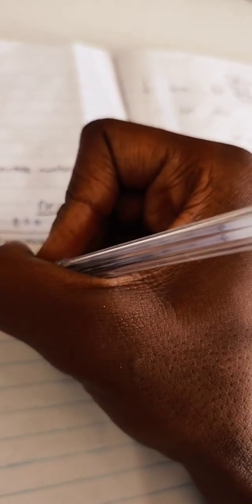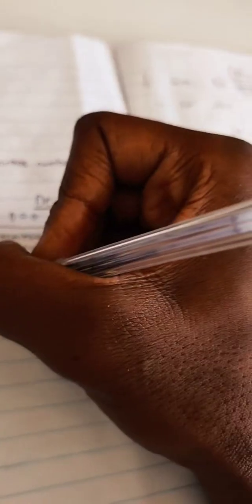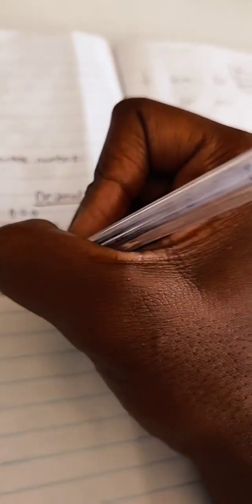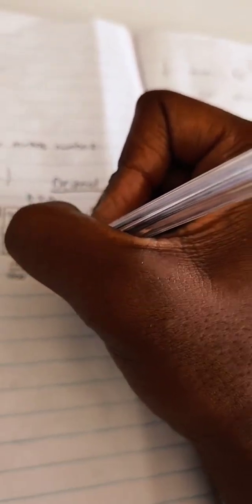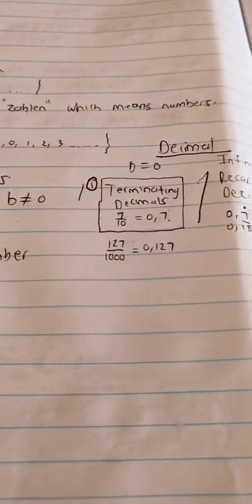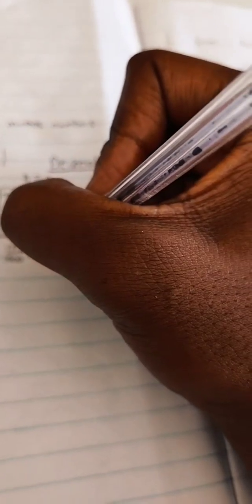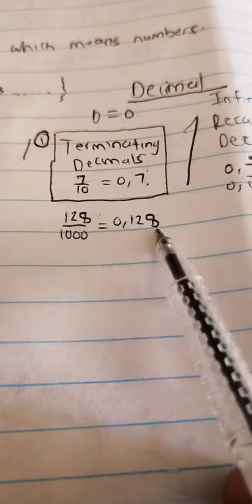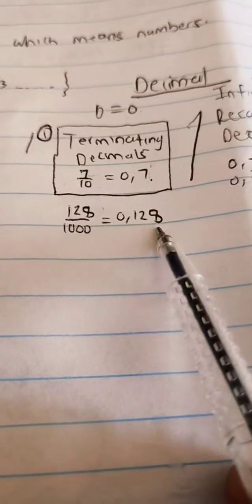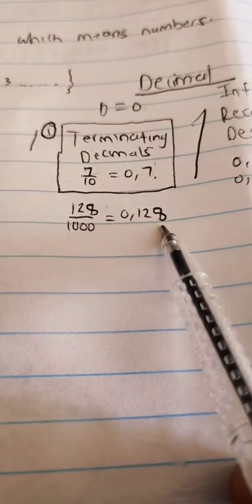Okay, let's just say we had 127/1000. This would be 0.127. So once again, let me just change this because people are going to think that it only terminates when there's a 7. So for instance here, this is 0.128. 128/1000 can be written as 0.128.